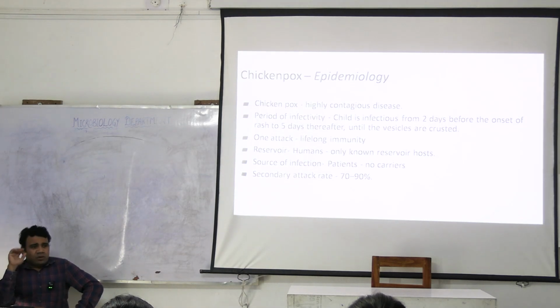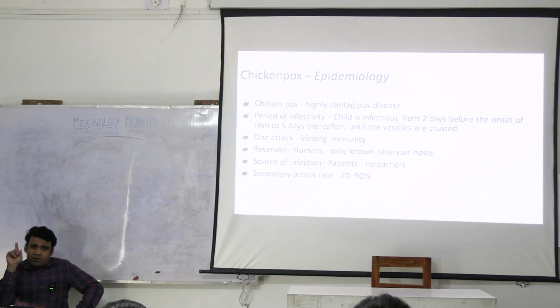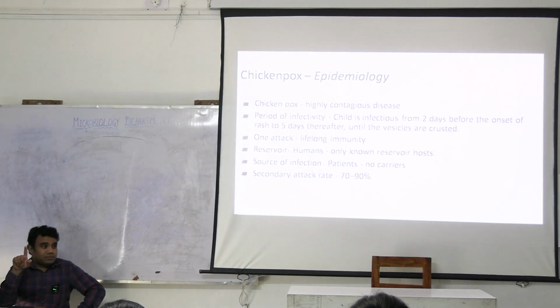Another very important part is, read the last line, the secondary attack rate. Do you have any idea what the secondary attack rate is? It means, suppose there are 100 people over here and a person in the phase of acute infectivity enters this room. So 100 people are exposed. Now in the case of varicella, about 70 to 90% of all people will be infected.